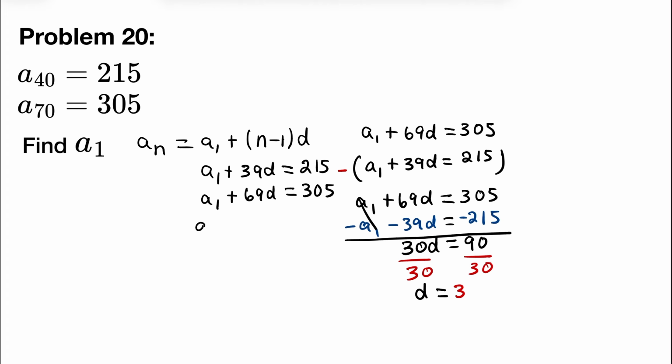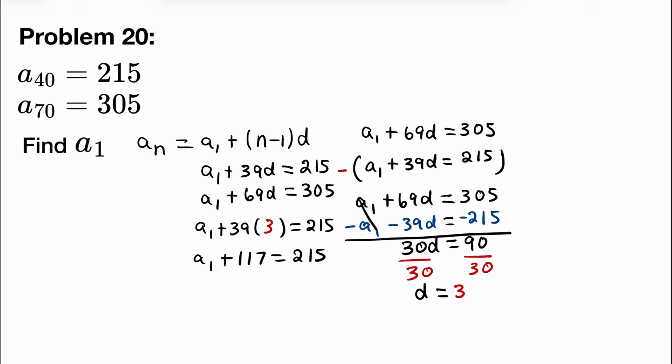So we have a sub 1 plus 39 times d, which is given to us as 3, and that is equal to 215. Okay, keep simplifying. So we have a sub 1 plus 117 equals 215.